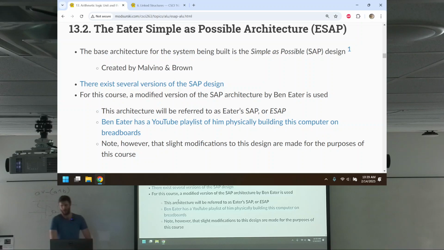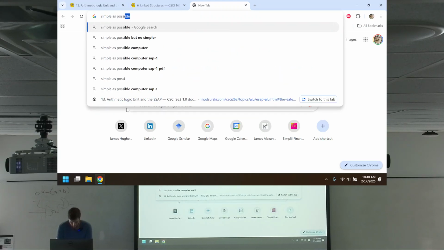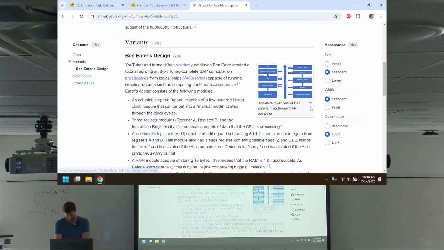All right. The simple as possible architecture. If you go into Google and you type simple as possible architecture, you will find this. Okay?